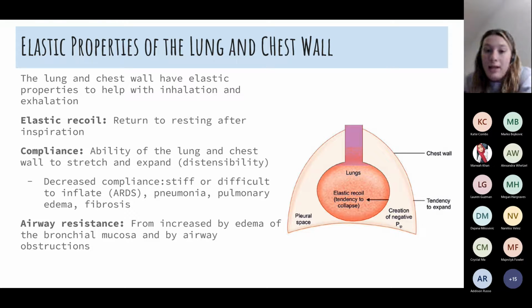Compliance is the ability of the lung and chest wall to stretch and expand. We're concerned if we start to see a decrease in compliance, because if we can't take a good deep breath in and a good deep breath out, we're not only not getting enough oxygen in, but we're not able to expel carbon dioxide.